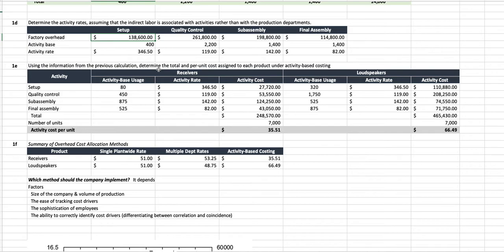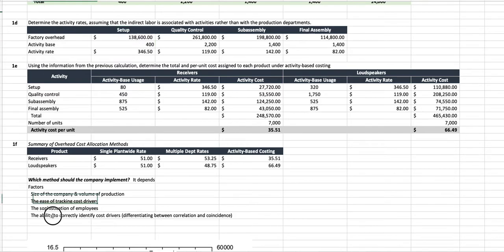That may actually not be a good cost driver, and it may actually harm our activity-based costing product. We may actually lead our management to make poor decisions, mainly because we started out with the wrong assumptions. In this one, I believe that setup is a good assumption and a good cost driver.